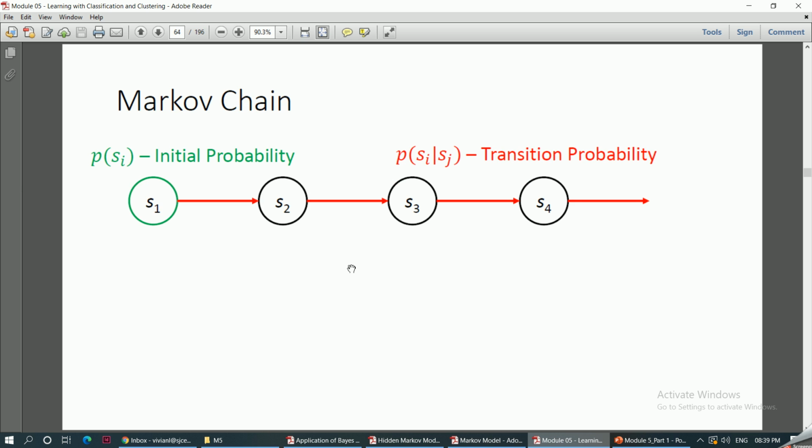If you see the Markov chain model, this is a set of states S1, S2, S3, S4, where S1 carries the initial probability, and what you can see in the red arrows is the transition probability.